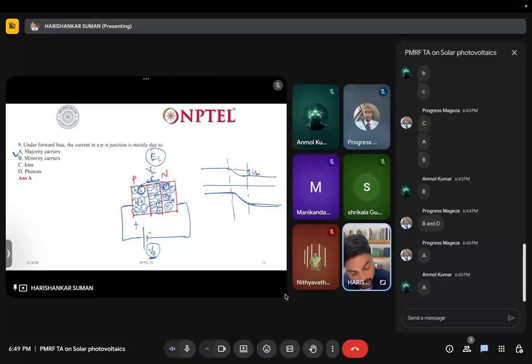Depletion width decreases, and the effective built-in potential, V effective, also reduces. Built-in potential also decreases due to the external battery potential.